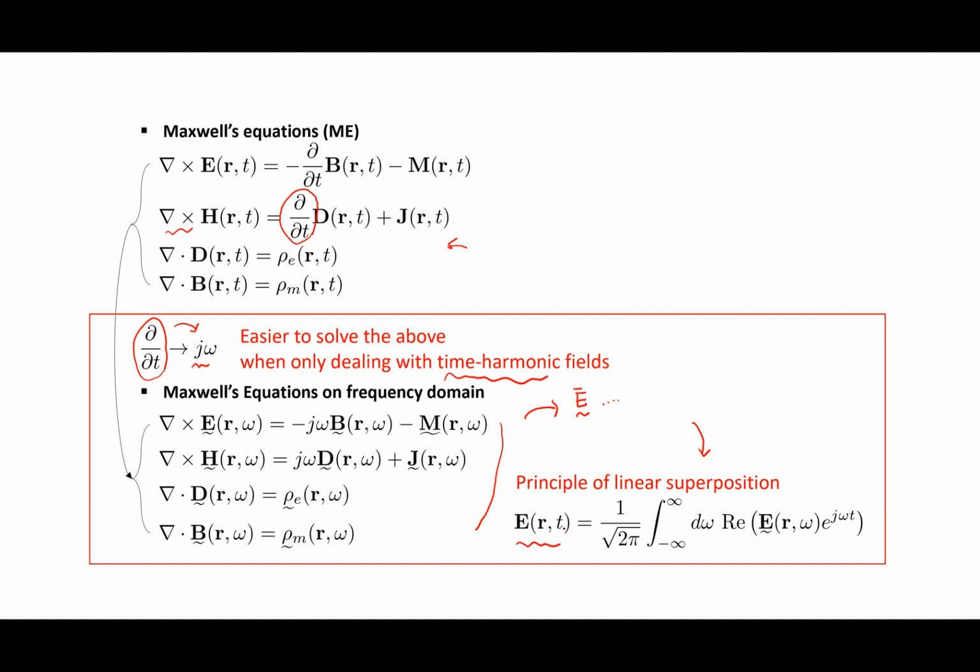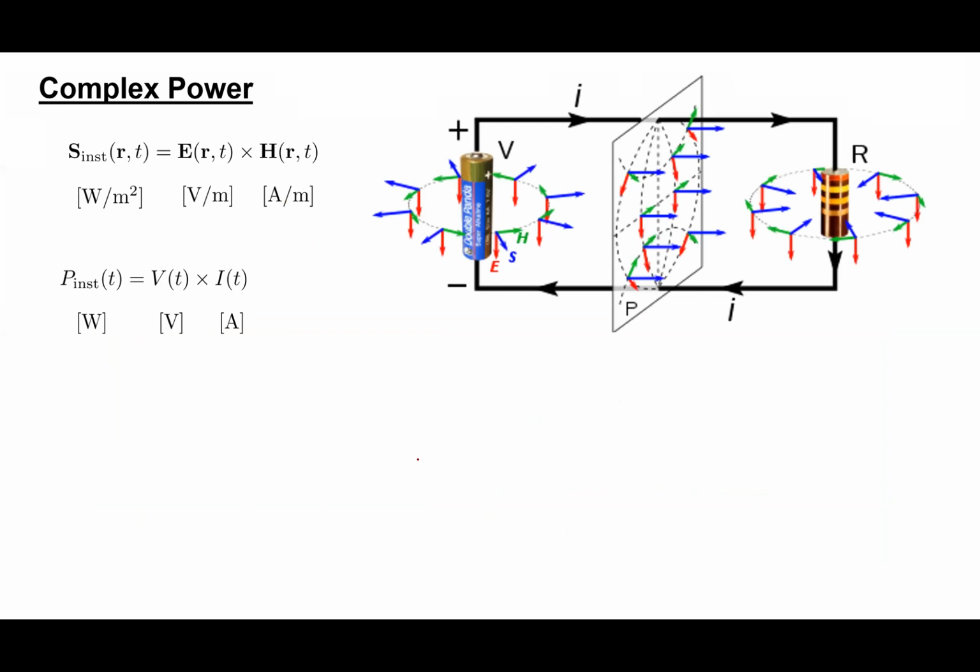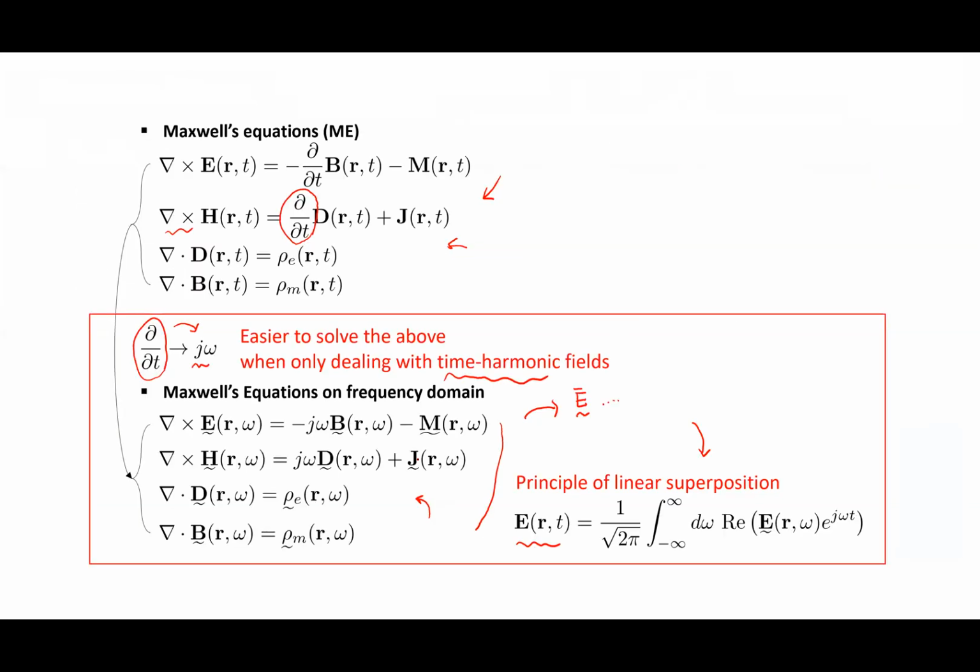Typically, for the rest of this course, instead of dealing with the complicated time varying electromagnetic field, we're solving the phasor form of Maxwell's equations. Okay, any questions?